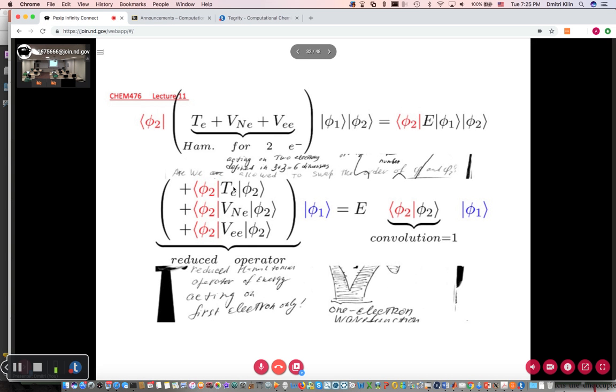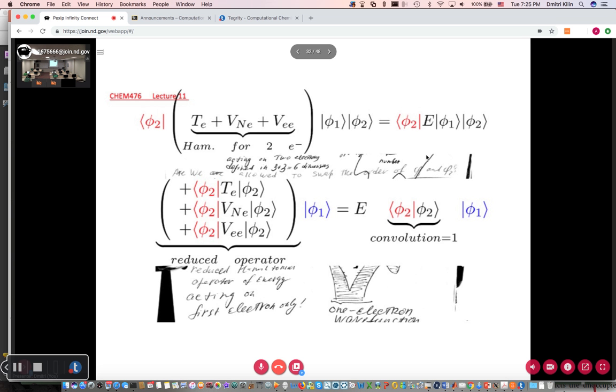So if you see the second line with the equation, you see that there is a kinetic energy with bra and ket of phi 2 on the left and right, nuclear attraction with phi 2 on the left and right, and electron repulsion with phi 2 on the left and right. So this object in the round brackets will be a one-electron operator that will be acting on unknown function phi 2.